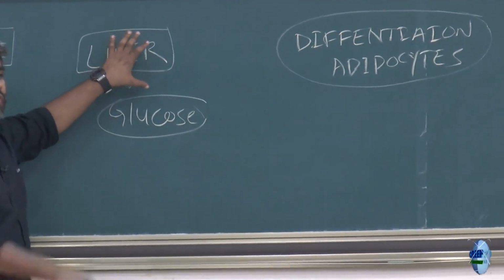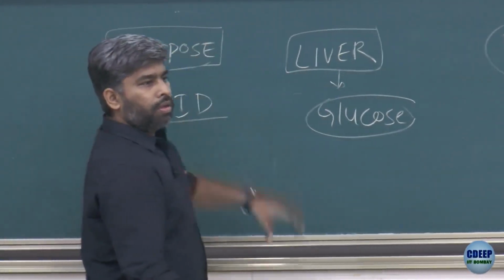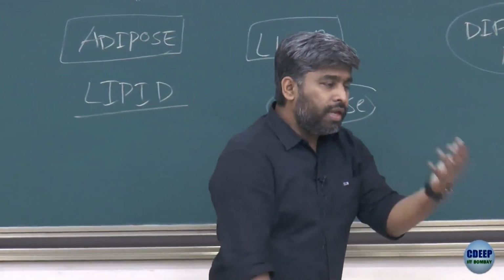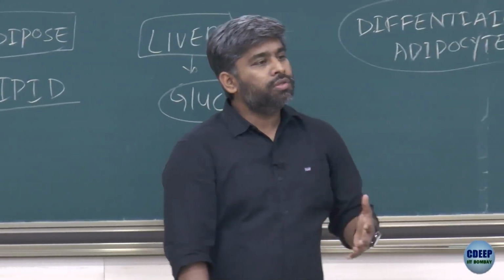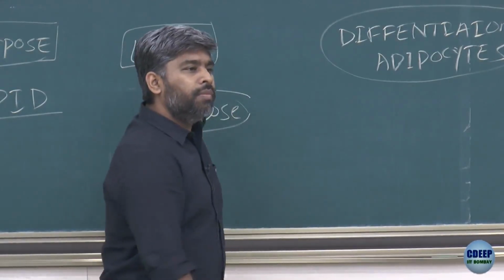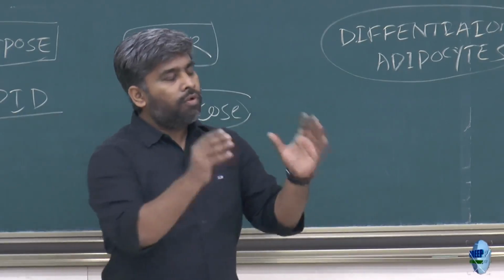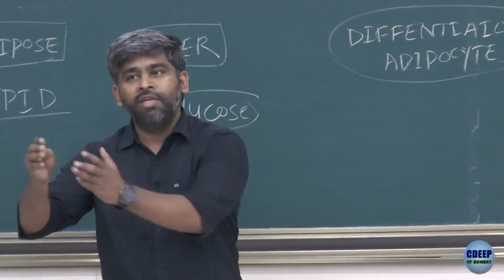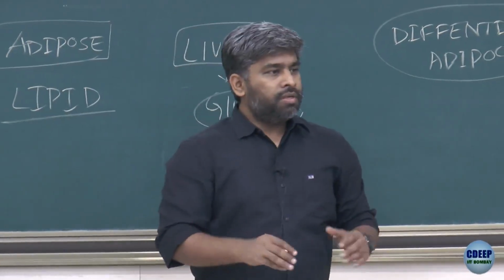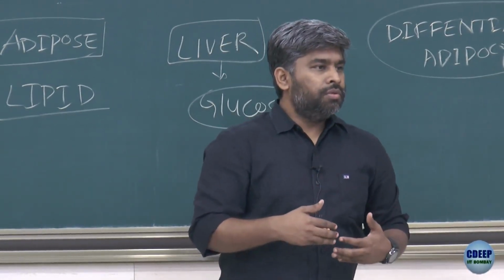Liver cells will have a different set of GPCRs than your adipose tissues. If you take your neurons, those will have a different set of GPCRs than your secondary metabolic tissues. So first of all, there is a differentiation of what kind of GPCRs are expressed in different tissue systems. That is dependent on the requirement of that tissue, right?